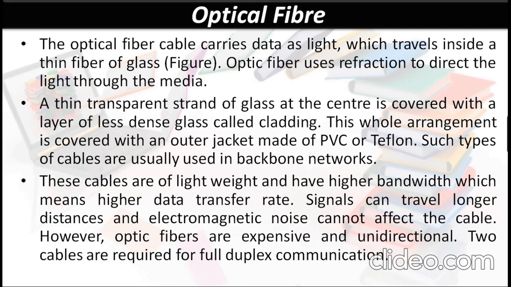The cost of the fiber cable is expensive compared to coaxial and twisted pair cables, and it is very fragile, meaning more delicate than the twisted pair and coaxial cable. So these are some of the disadvantages of the optical fiber cable.